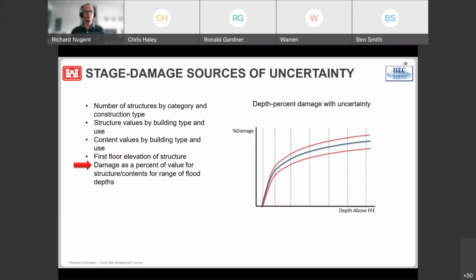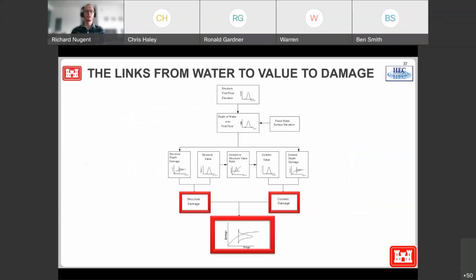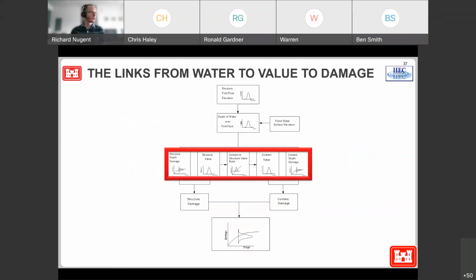And then finally, uncertainty in damage as a percent of value for structure and content for a range of flood depths. So we need a depth percent damage function so that we can calculate the percent of damage of a structure value for a given depth of water above the first floor elevation. If we go back to the links between water and structure, we calculate a structure depth damage function by multiplying the percent of structure value damaged for a given depth.